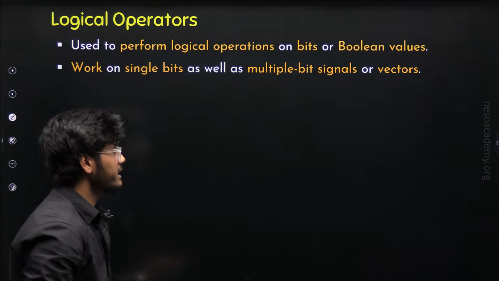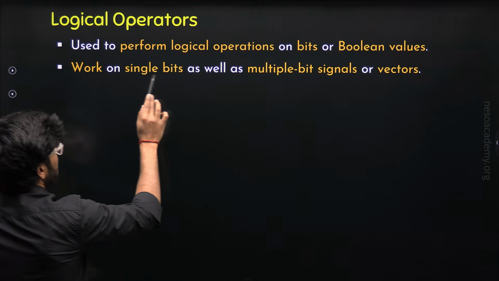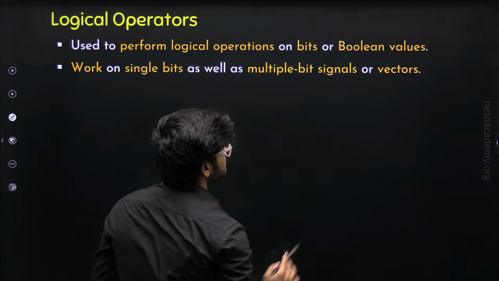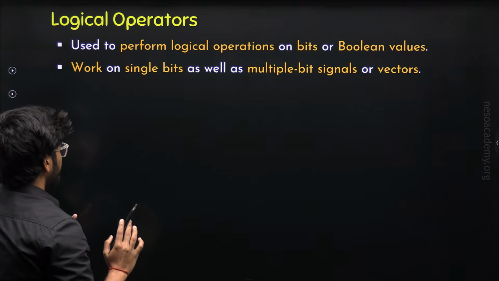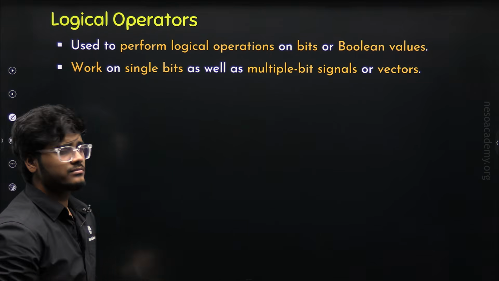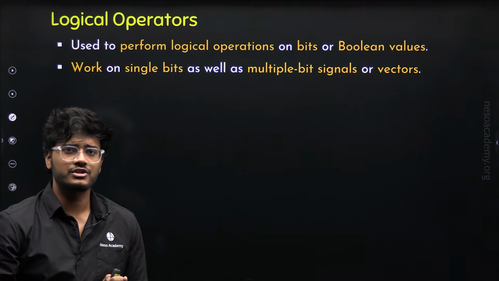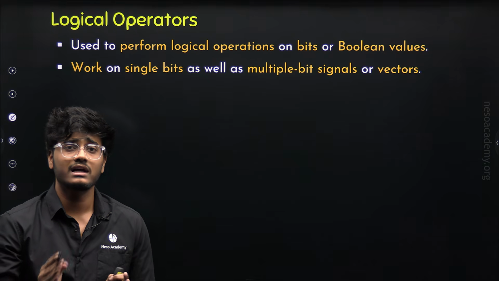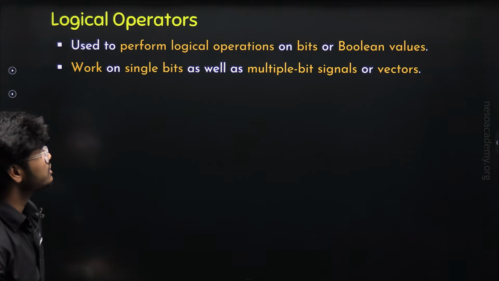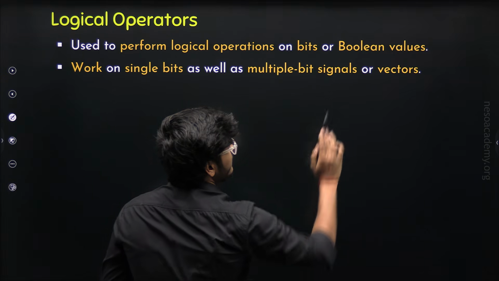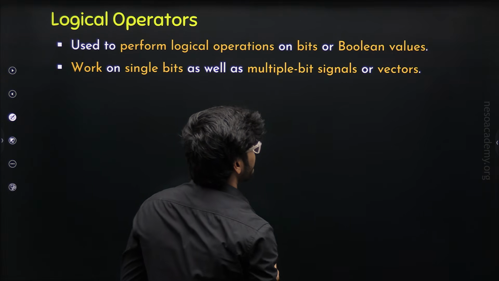Logical operators work on single bits as well as multiple bit signals or vectors. Logical operators in VHDL can operate on single bits. Example, if we perform AND operation between 1 and 0, here 1 and 0 both are single bits. Logical operators also work on multiple bit signals.